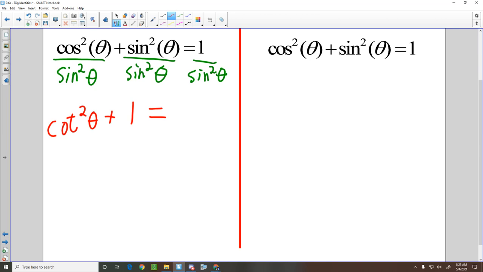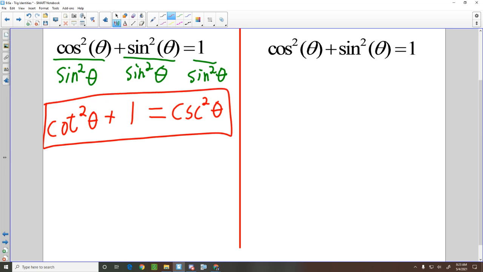Switch the letter from an S to a C. That'd be cosecant. So if it's 1 over sine squared, we can say, oh, that's cosecant squared. Lo and behold, we have a brand new identity that relates different sets of trig functions. The cotangent of an angle squared plus 1 would be the same thing as the cosecant of that angle squared. So it's a way to simplify some of these expressions.